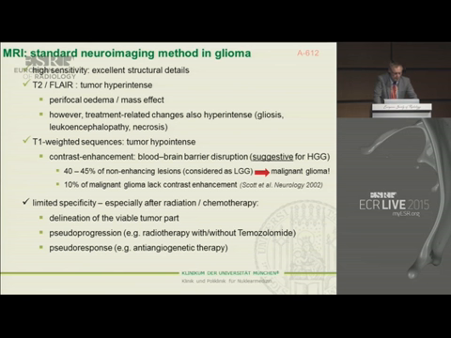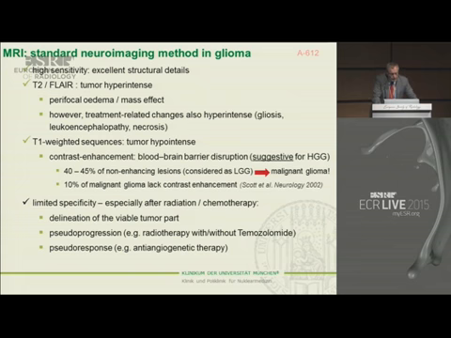And you do T1-weighted sequences with contrast enhancement. Here the tumor is hyperintense. You can see with the contrast enhancement the blood-brain barrier disruption, which is suggestive for high-grade glioma. But approximately 30% of non-enhancing lesions, which would be considered by conventional criteria as low-grade glioma, turn out to be malignant glioma.